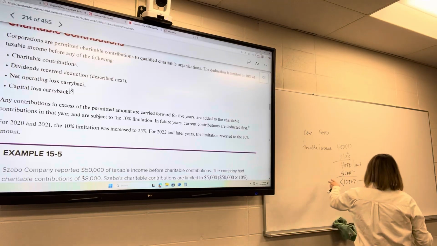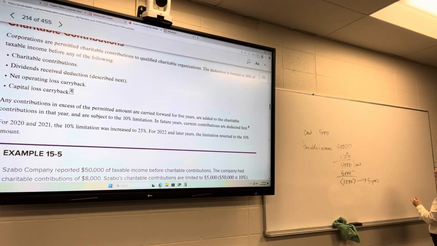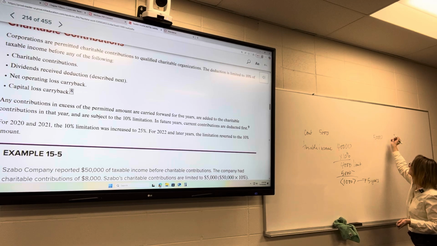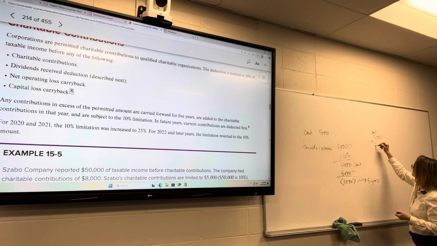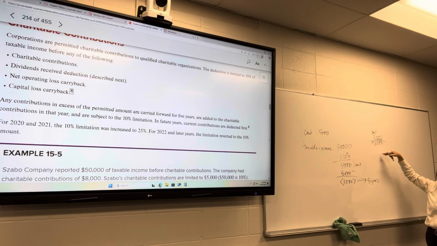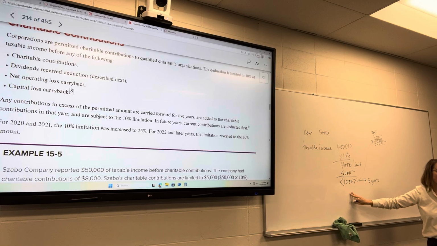So if you have this $1,000 and next year you contribute another $5,000, now you've got a $6,000 contribution because we're going to add that $1,000 to it. Total contribution is $6,000, but we're still going to apply this limit to it.